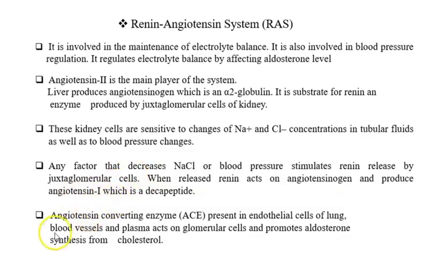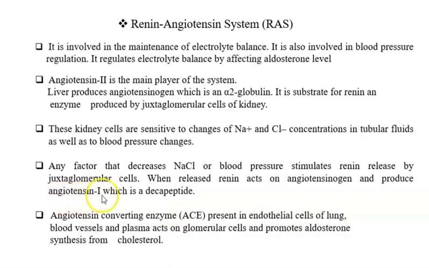I continue. Now we have mentioned these hormones. We have mentioned these enzymes. There is another enzyme that is important to this process. The second enzyme is angiotensin converting enzyme. It is produced and secreted from the lungs. But listen carefully.